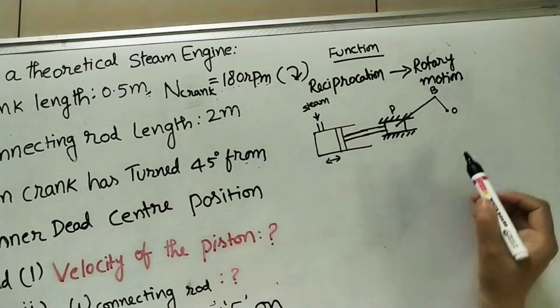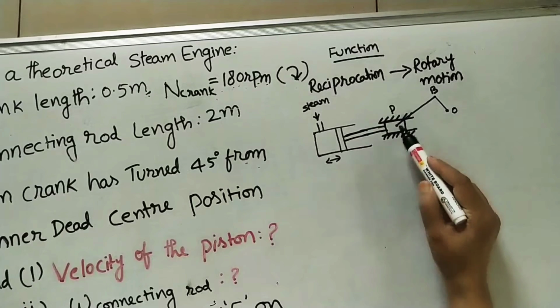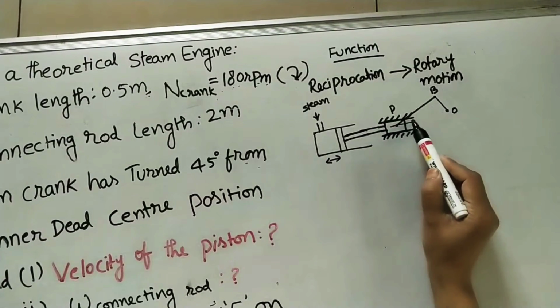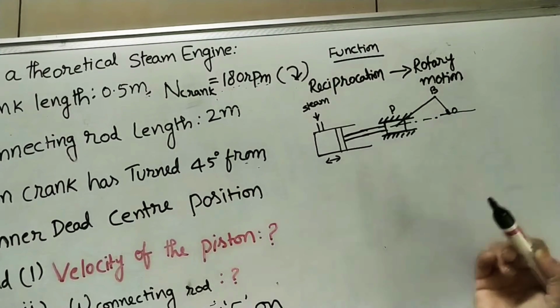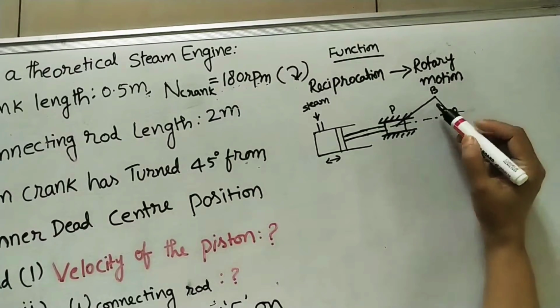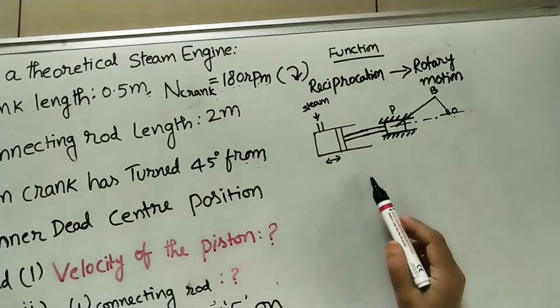I am taking it as O. OB is the crank. Always remember, the length of the crank is less than the other links in the engine. If we draw one axis here, it passes through this point. So this is the axis. Here OB is the crank and PB is the connecting rod.